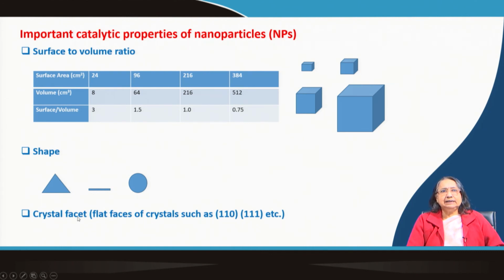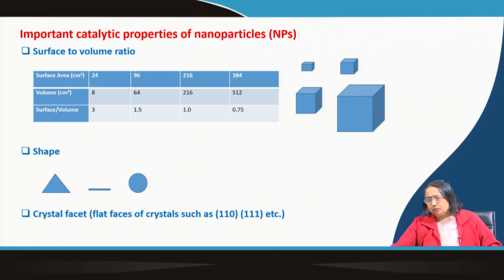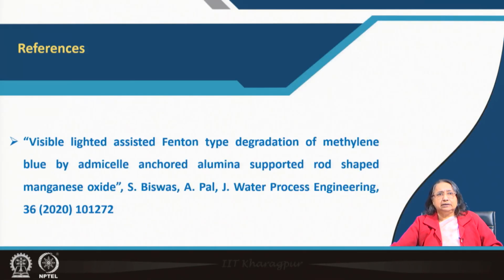What are facets? Flat faces of a crystal, such as those recognized as 110, 111 etc. So, there is also crystal facet dependent catalysis. All these topics are now very important and upcoming fields for nano catalysts.